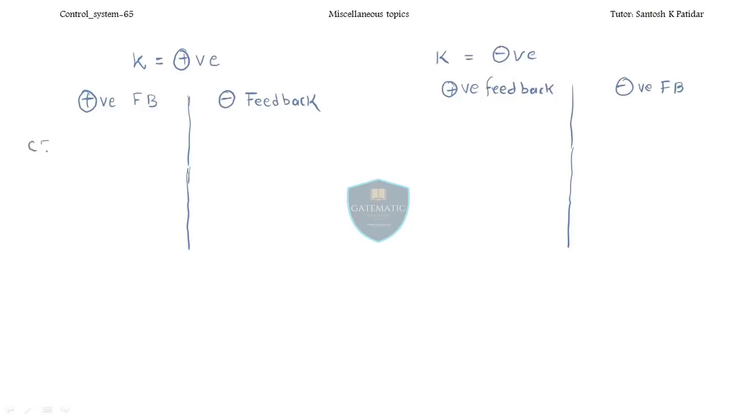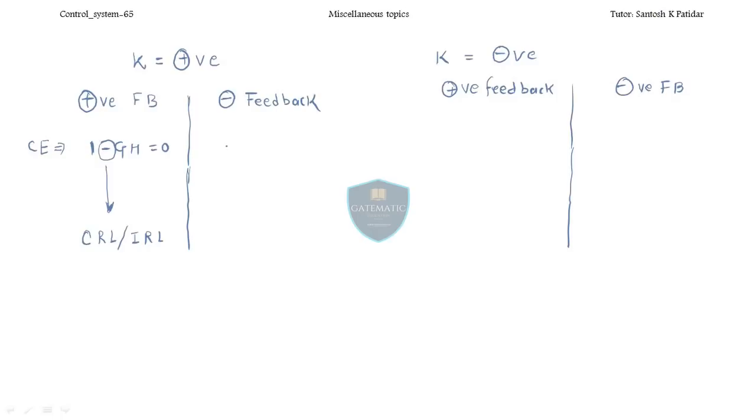So in this case the characteristic equation will be, you will agree with me, 1 minus GH equal to 0. If this is positive feedback, the negative sign comes here, and as we just discussed, this is nothing but the complementary root locus or inverse root locus.